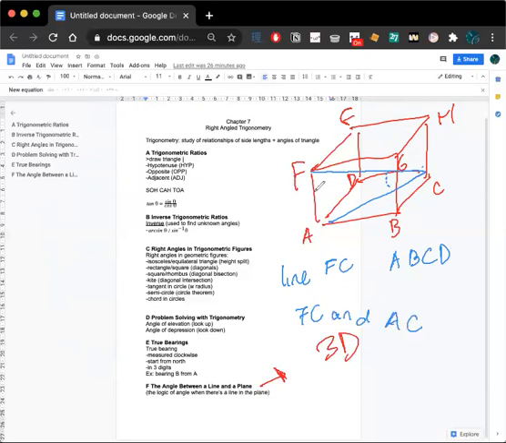If you imagine this line, it kind of looks like a triangle, except the triangle is in the 3D shape. So you have to look for all the sides of the triangle, so you can finally find the angle between the line and the plane.